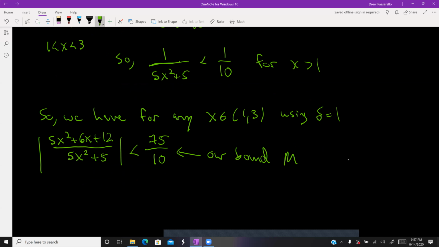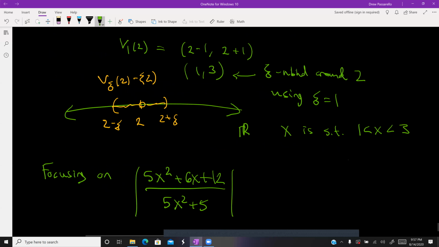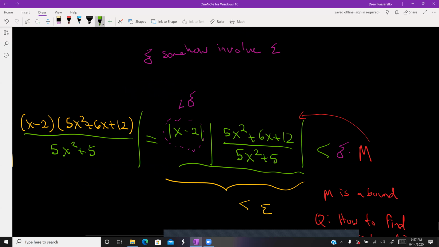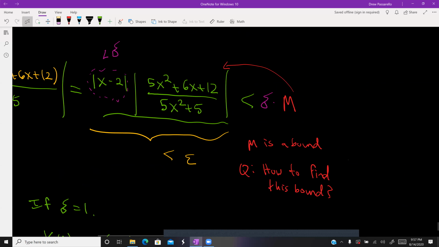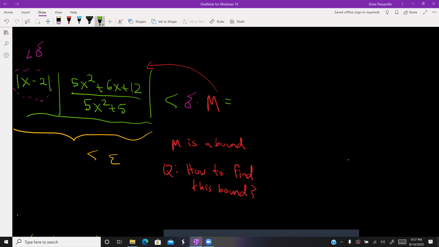And I was using that for m. So if our bound m was 75 over 10, then we would choose delta, because we want this whole thing to be less than or equal to epsilon, to equal 10 over 75 times epsilon.